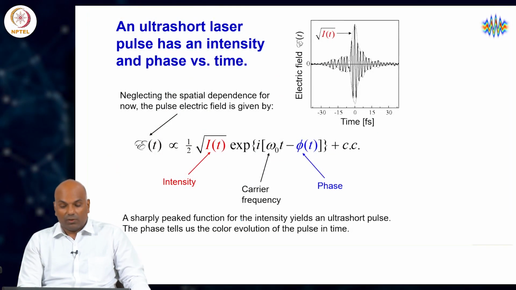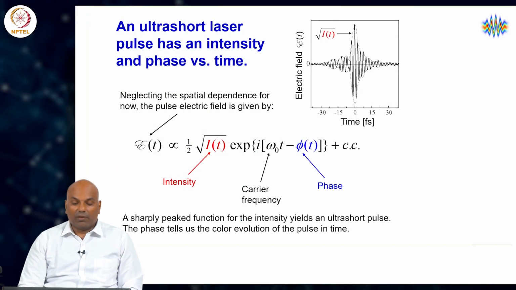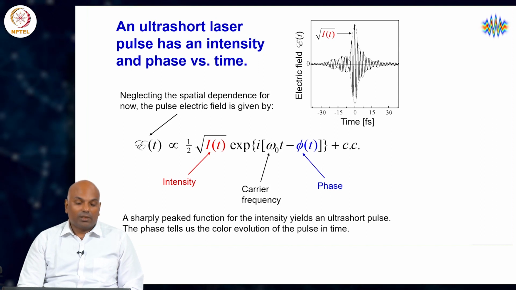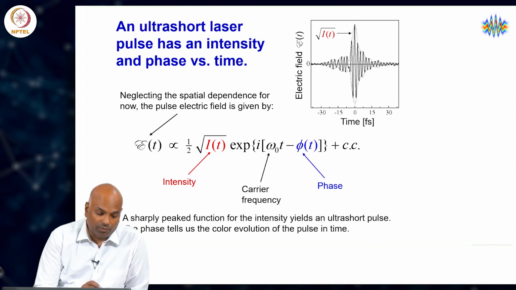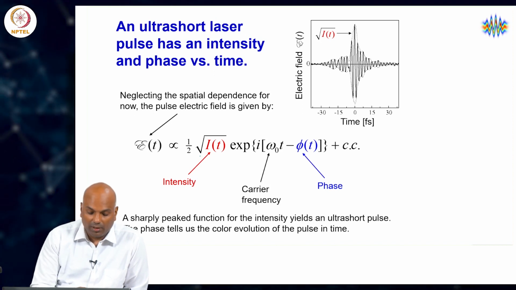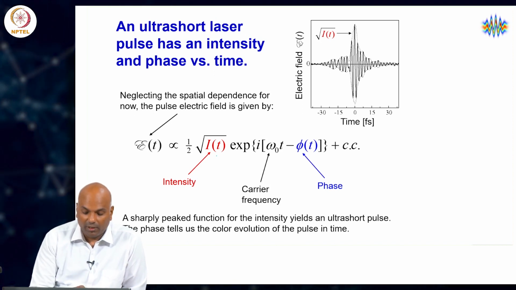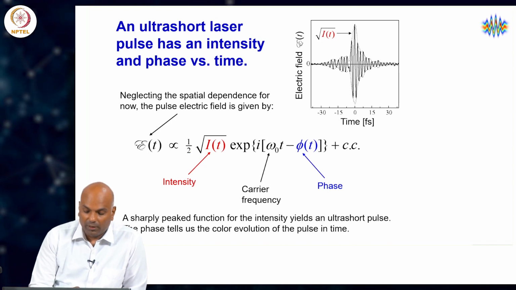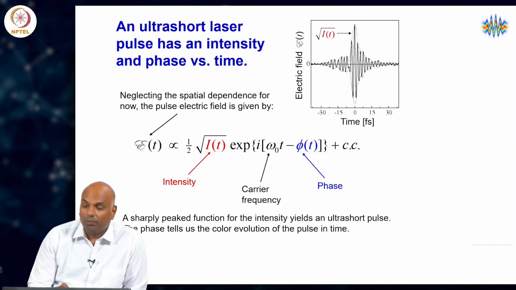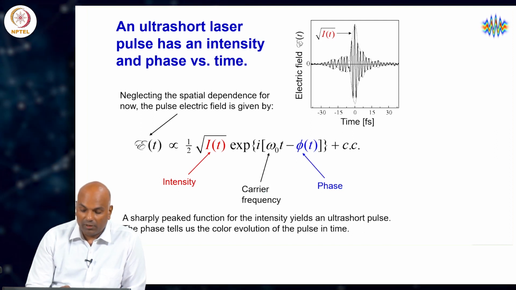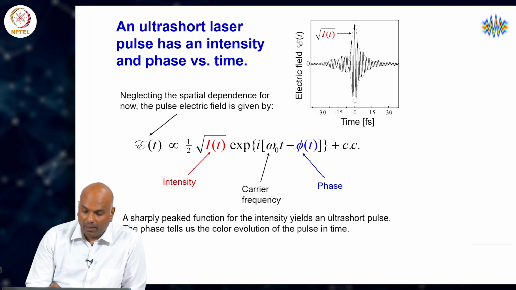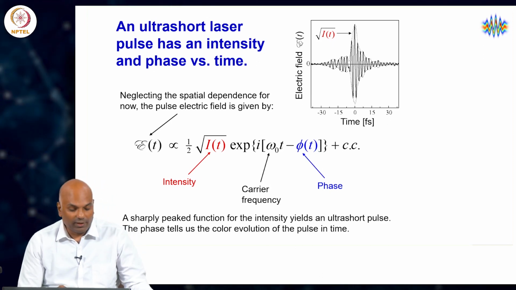All these pulses, not just the well behaved ones, but everything is indeed described by this equation, which we have become friends with. E of t is the square root of I of t, the real amplitude, multiplied by a product of two complex exponential factors, one concerning the carrier frequency, the fast oscillations under the envelope, and the other being the temporal phase.